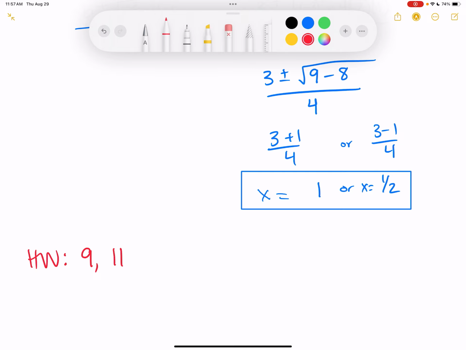I'm going to tell you 11 is with y's instead of x's, but it works the exact same way as with x's, so just don't let that throw you off. 13, 17, that's going to be a little bit of a challenge problem, but you should be able to do it. And then 21.